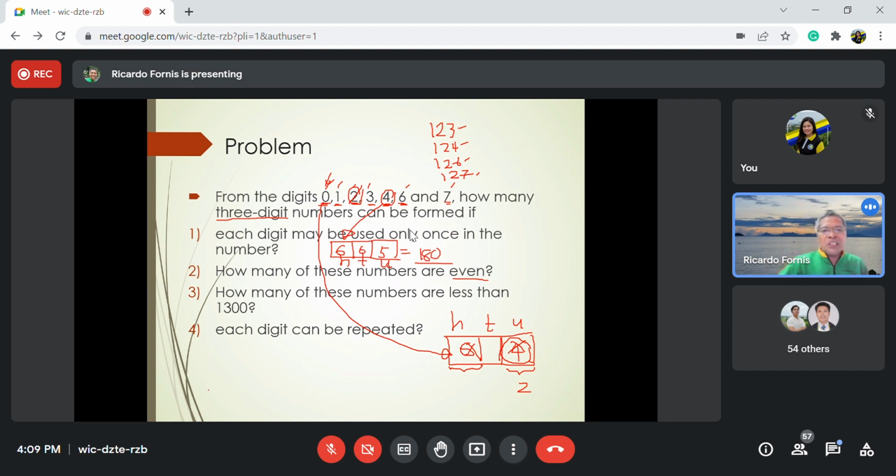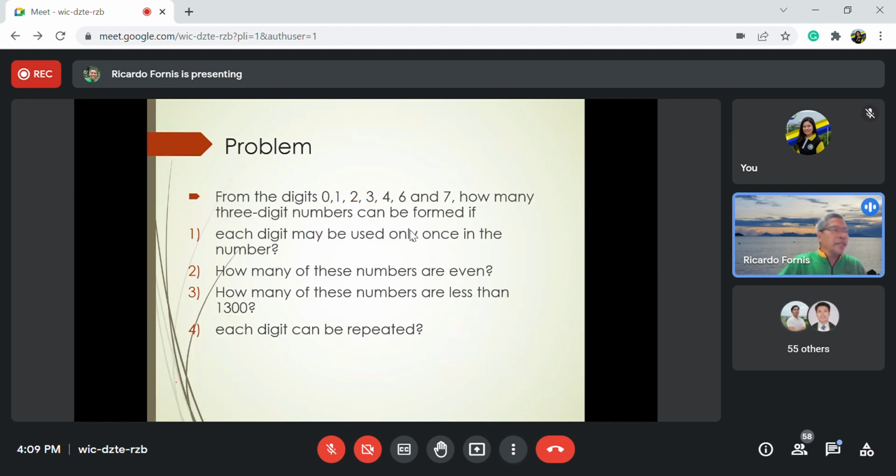So in cases like this, this is what you need to do. Let me erase. For question number 2, because of the restriction due to the presence of 0, you form 2 sets of 3-digit numbers. So hundreds digit, tens digit, and the units digit. You separate the 0, meaning you consider the numbers that end with 0.